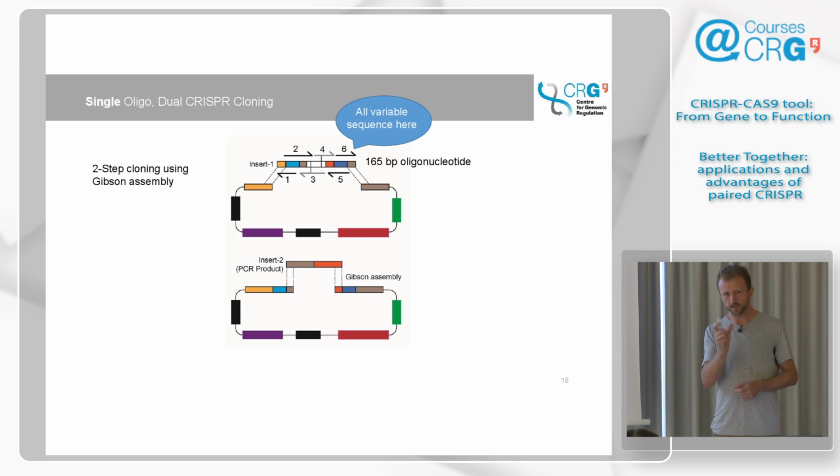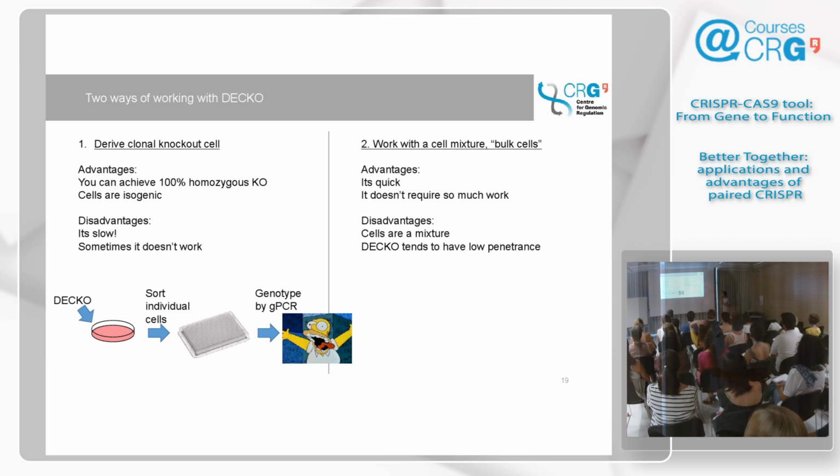They've all got the correct mutation, and then you can use that as your tool for studying your particular gene or your particular biological process. In the second approach, you can actually just infect with your lentiviral vector and work with a mixture of cells where some of the cells will be homozygous knockouts, other cells will be heterozygous, and other cells will not be knocked out at all. Okay? And it kind of depends on what type of project you're working on.